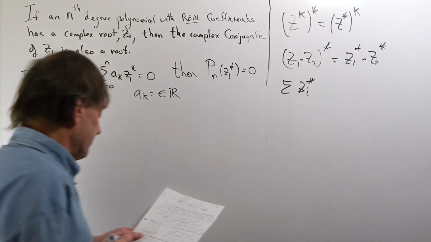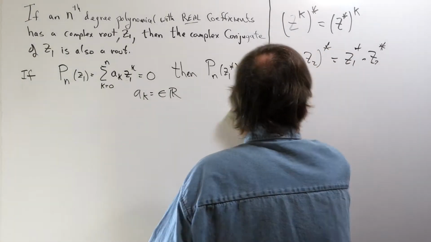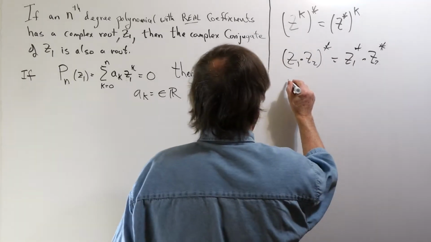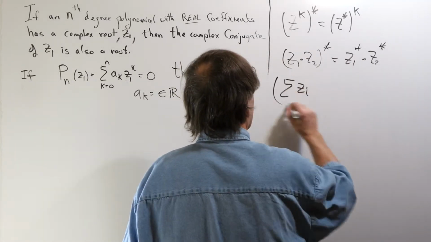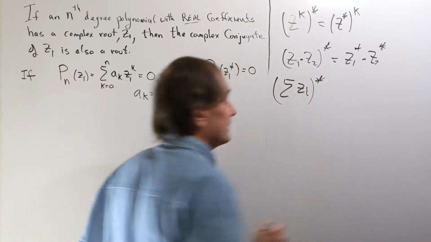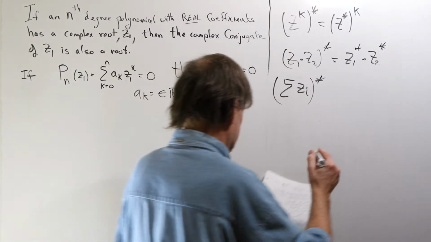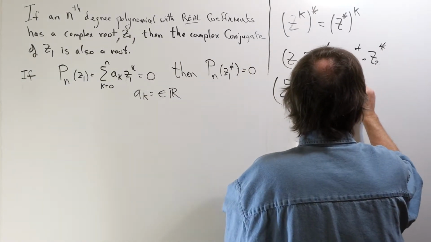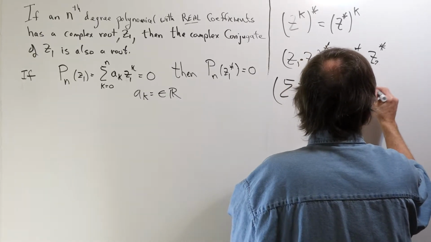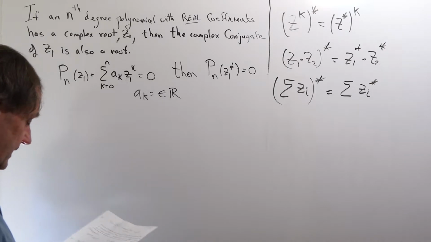Let's say we have the sum of several complex numbers, I'll call them z sub i, and I take the conjugate of that whole sum. Well, the conjugation distributes through. It will be the sum of the conjugates. The conjugate of the sum is equal to the sum of the conjugates.